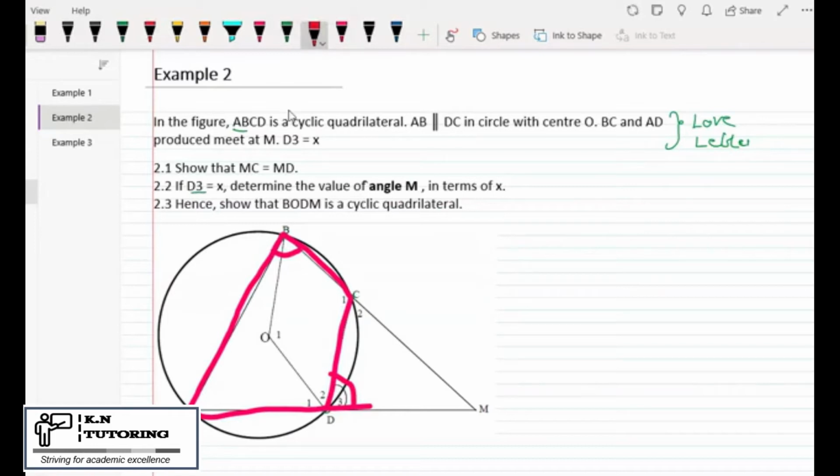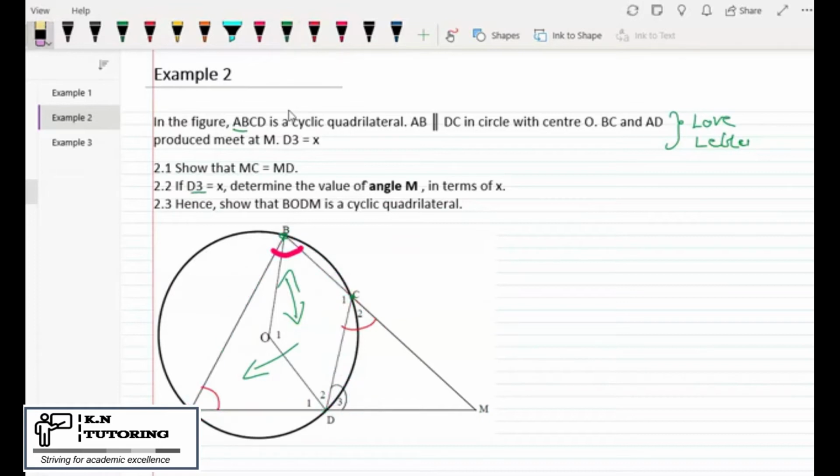We've got an exterior angle again, which is equal to the interior opposite angle. What do we have? Opposite angles are supplementary. Very, very, very important. I hope you got all those 3 key factors. I'm going to erase and then we continue.